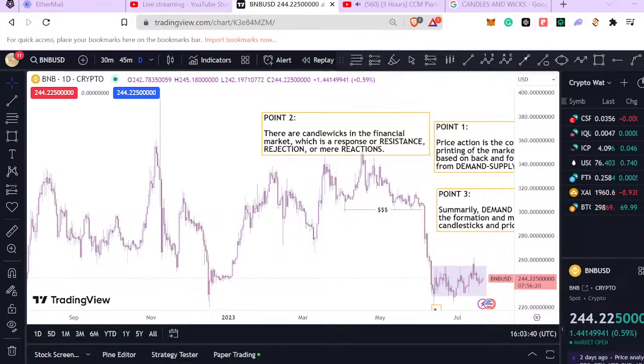If you're very conversant with the previous price movement of the market, then you're going to make a realistic prediction of the future, because you've got to look at the past of the market. When I say the past, I mean look at the previous actions the market created, so you can make a realistic prediction of what the market will do in the nearest future. I hope that makes sense.